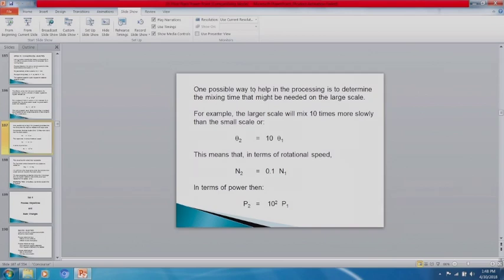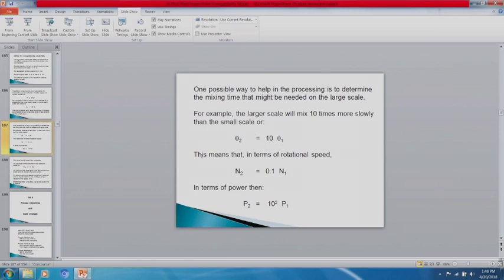Right? One possible way to help is to determine the mixing times that will be needed on the large scale. So instead of scaling up with equal mix times, the large scale process will have 10 times the mixing time of the small scale process. Okay, that's just what you pick.